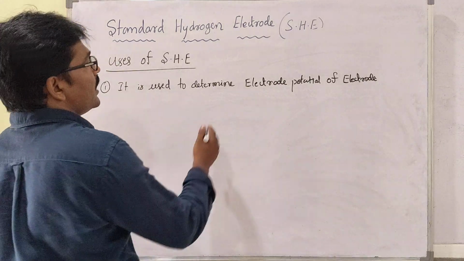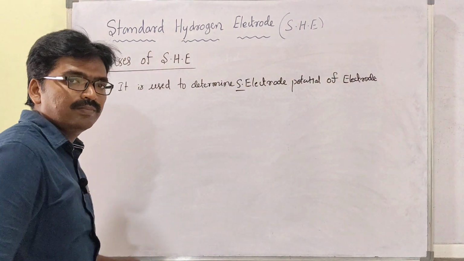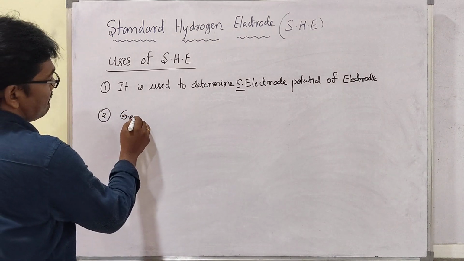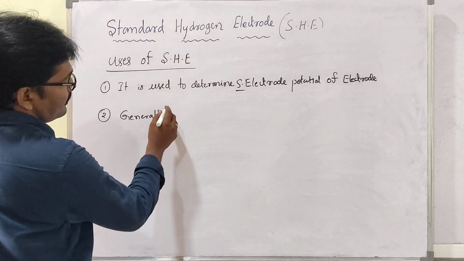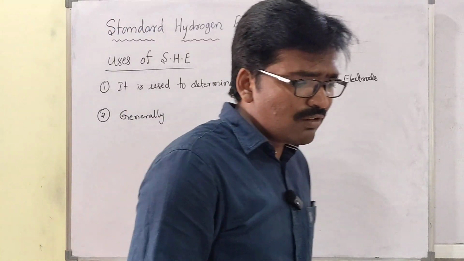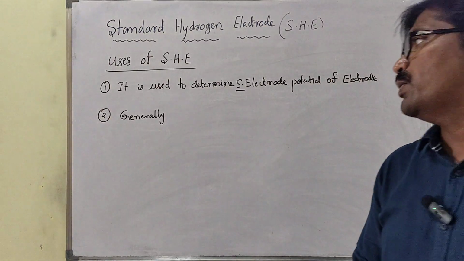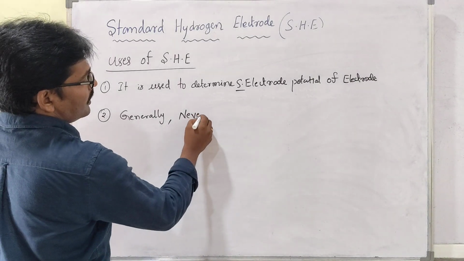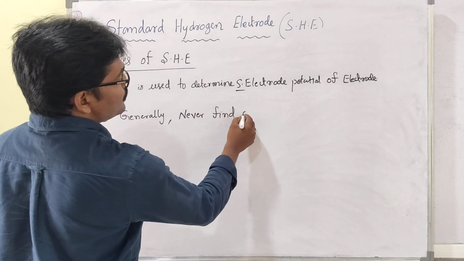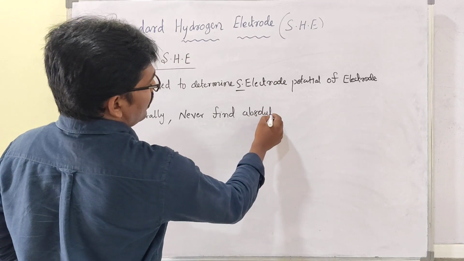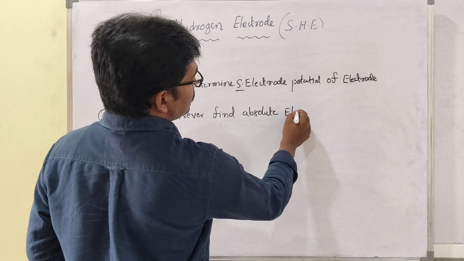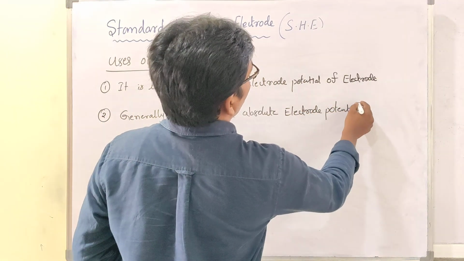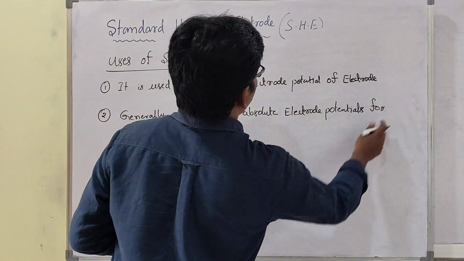Standard electrode potential of electrodes. Generally, we never find absolute electrode potential values for electrodes.